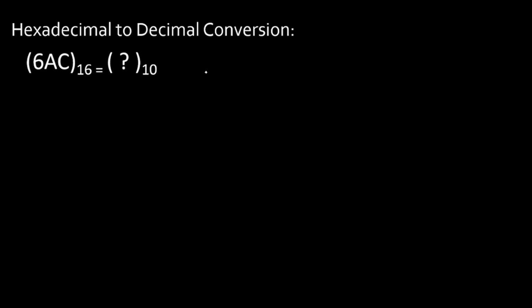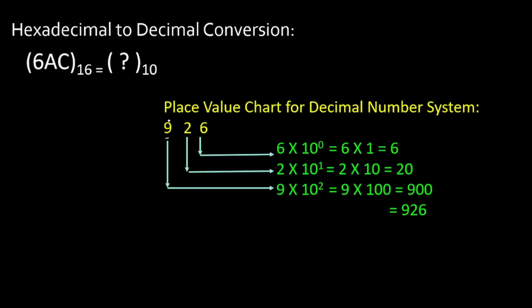Before explaining hexadecimal to decimal conversion, I would like to explain the place value chart for a decimal number. As you can see on the screen, 926 is given and the place value of 6 is the unit position, that means ones, the place value of 2 is tens, and the place value of 9 is hundreds.